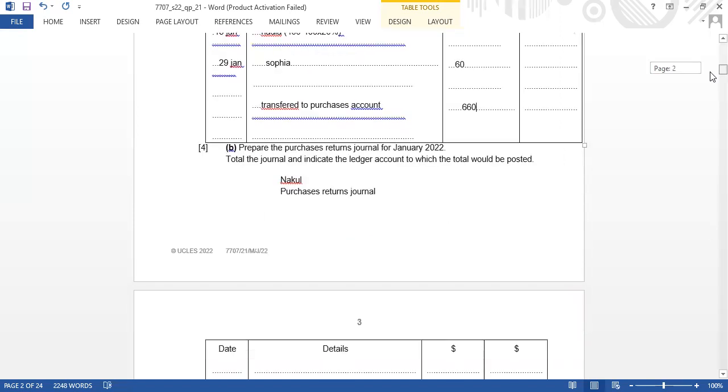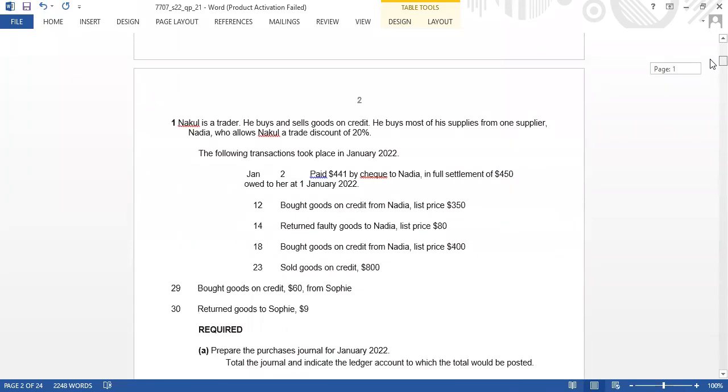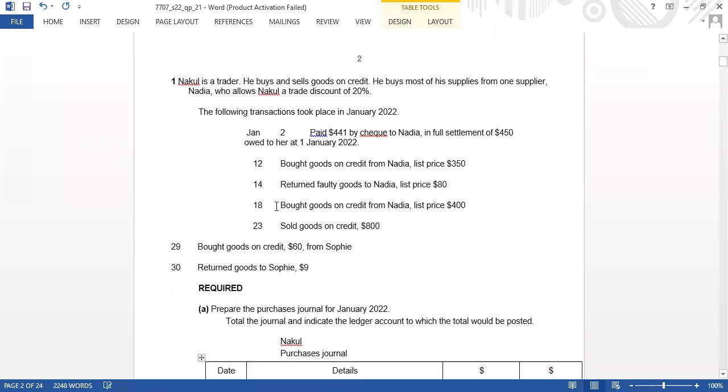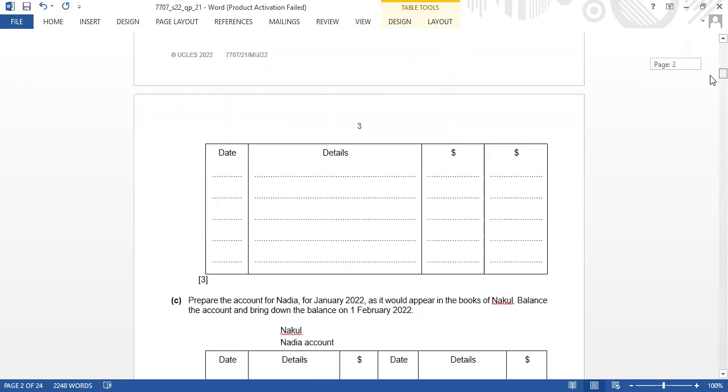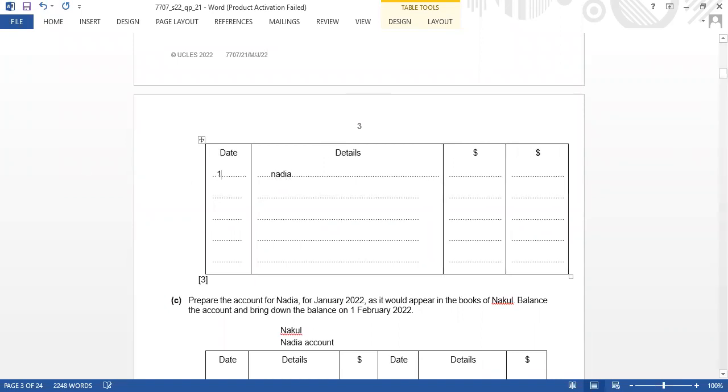Now moving towards preparing the purchases return journal for January 2022, totaling the journal and indicating the ledger account to which the total would be posted. So Nakul's purchases return journal. It is written that on 14 January, returned faulty goods to Nadia, at a list price of 80, then returned goods to Sophia, 9. So we'll write Nadia on 14 January.